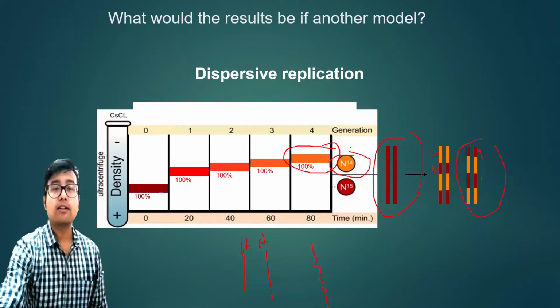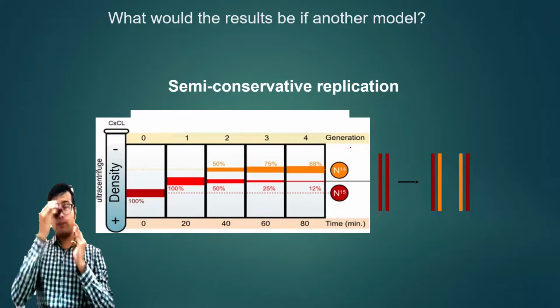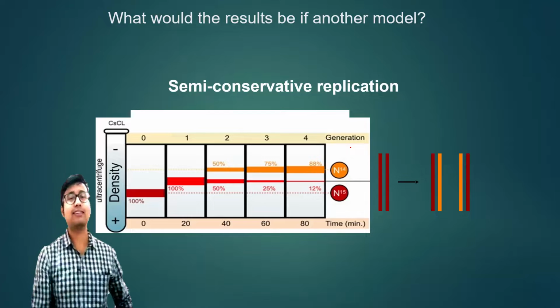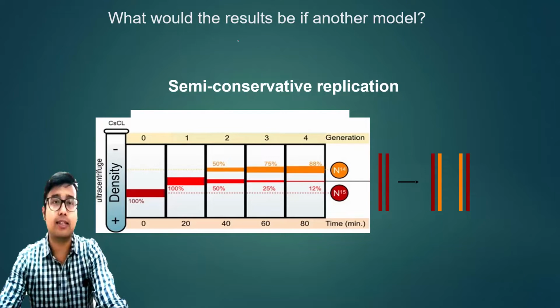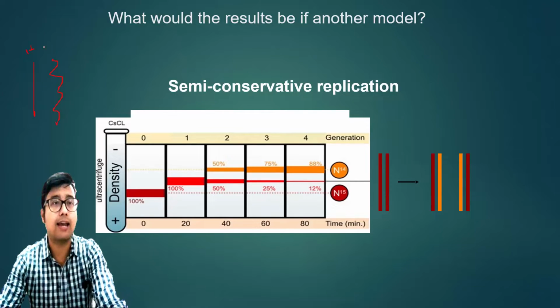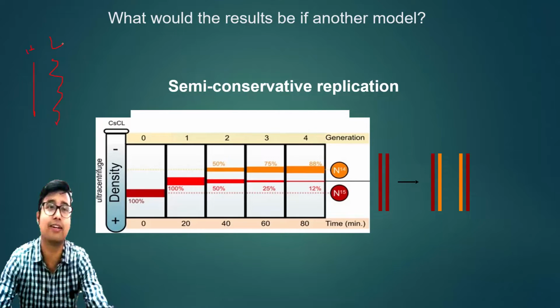Now let us look at the semi-conservative model. So what will happen in case of the semi-conservative model? Very interesting. In the first generation, suppose this is heavy H and this is L. I don't have another color, so I'm trying to draw the same thing in a different way.